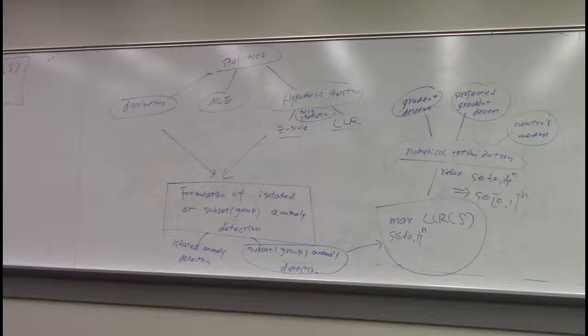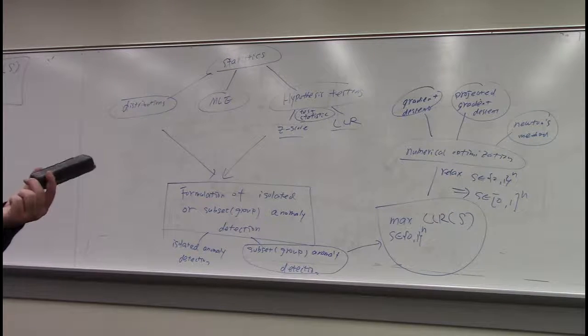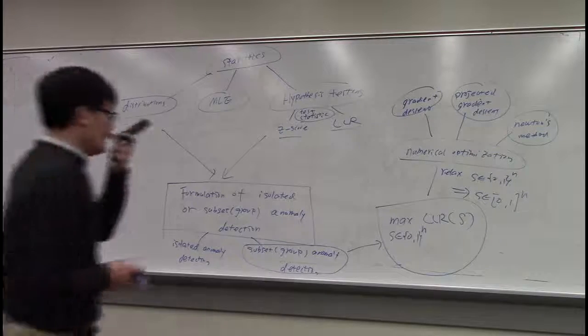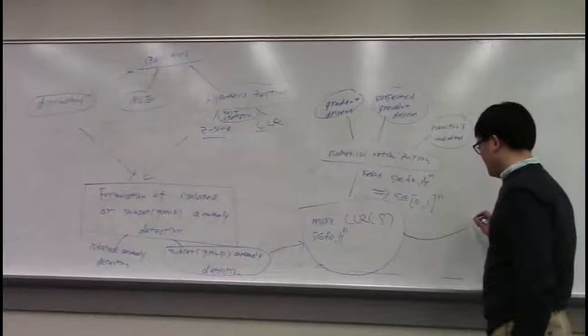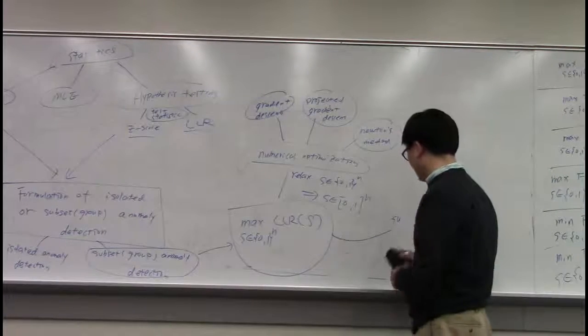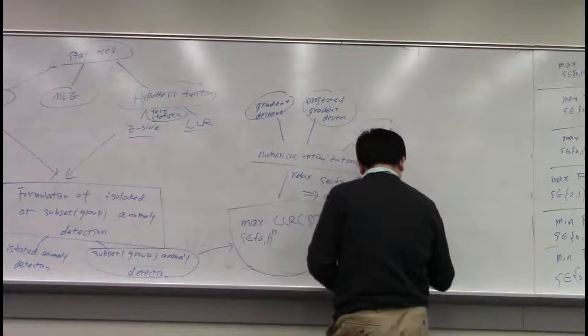We use a second order Taylor expression to approximate the function. It's called Newton's method. And then submodular set, discrete optimization.